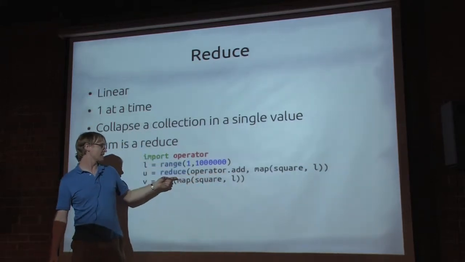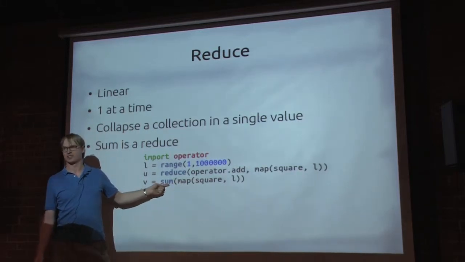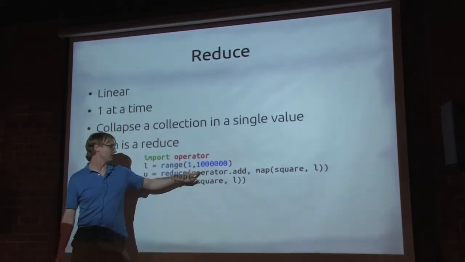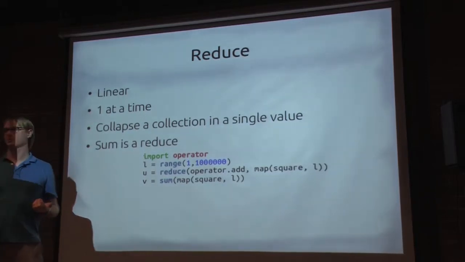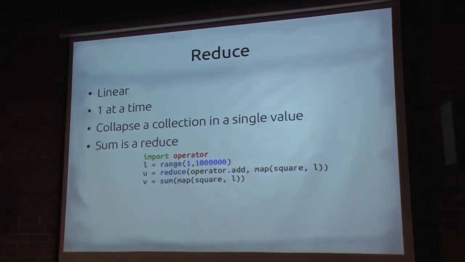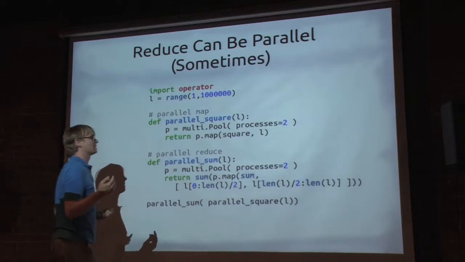So basically, this thing right here, reduce, operator add, is the same as calling the function sum. These 2 are equivalent. Those 2 will be added together. Reduce is oftentimes used to convert a list into a single value, basically collapse a collection into a result. Even reduce can be parallelized in some scenarios.